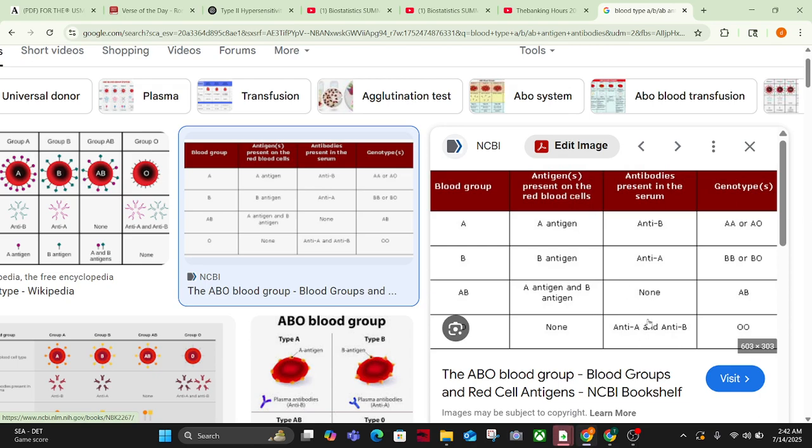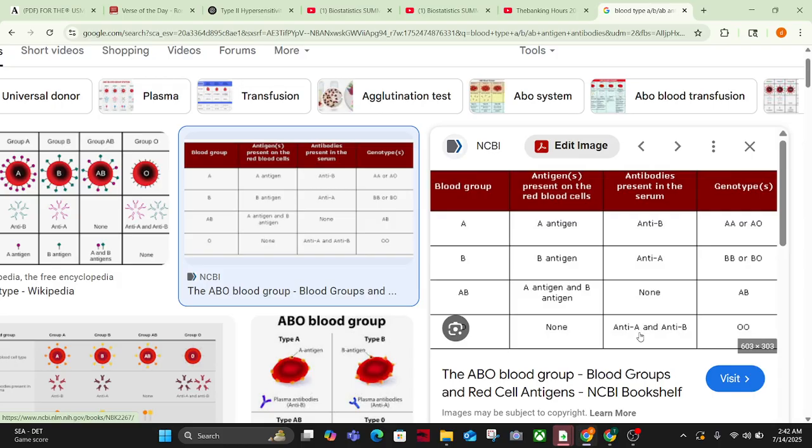This and this cannot mix together. AB and O cannot mix together because the same kind of antigen mixing with the same type of antibody in the same place will cause hemolysis.